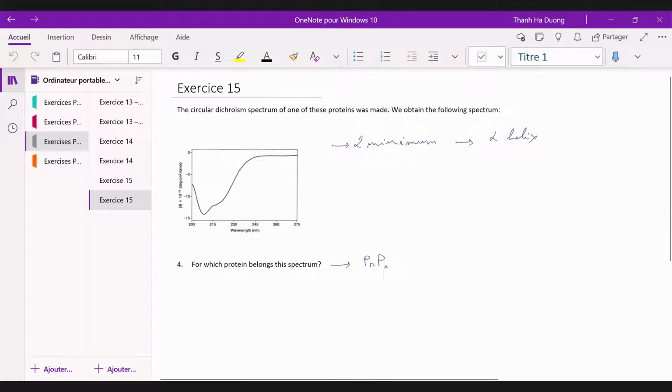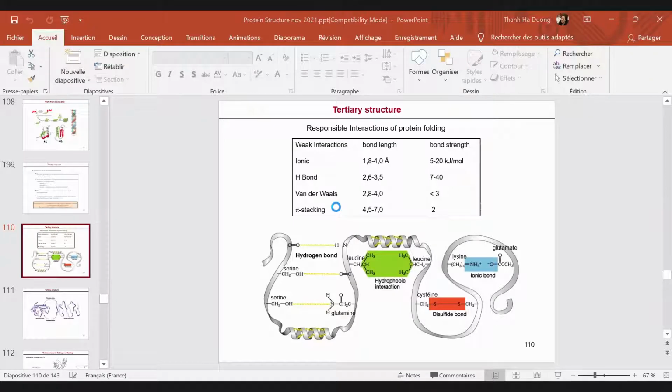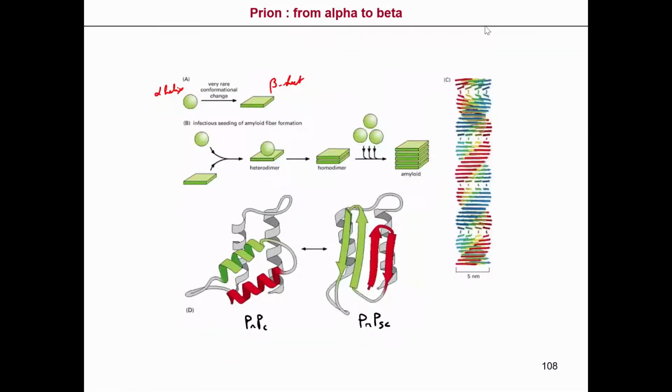Is that okay? So if you see the slide from the prion here, you have the healthy proteins with several alpha helix, and when it becomes pathogenic, you will have alpha helix, but also two alpha helix which change in their conformation and become beta sheet.